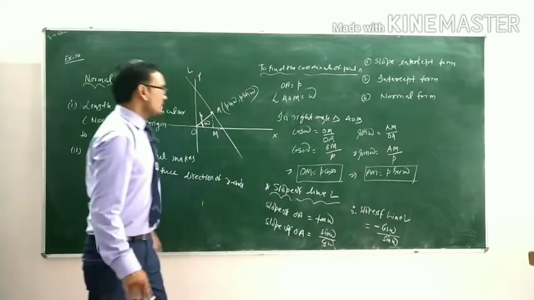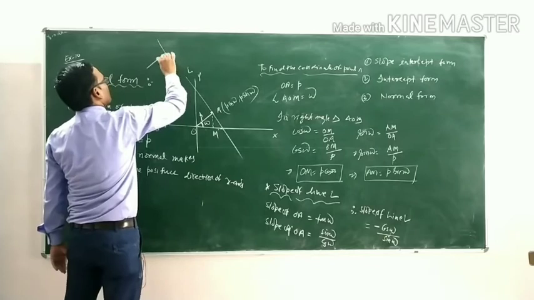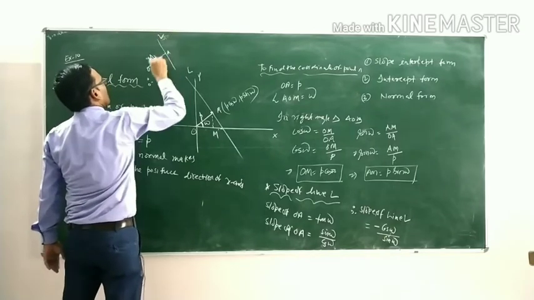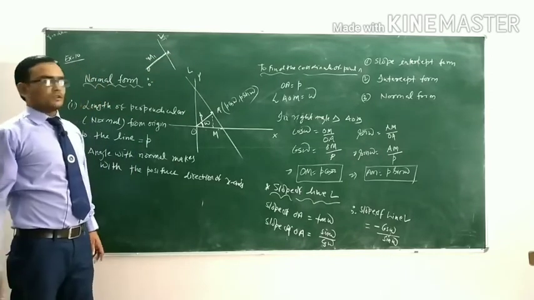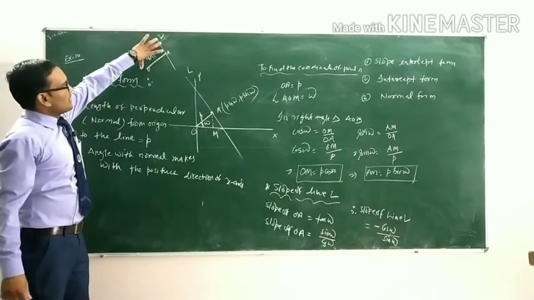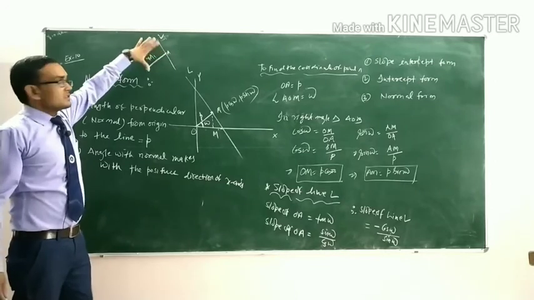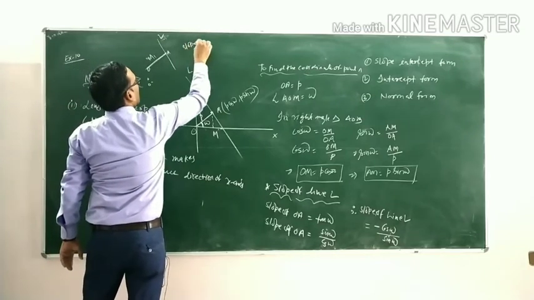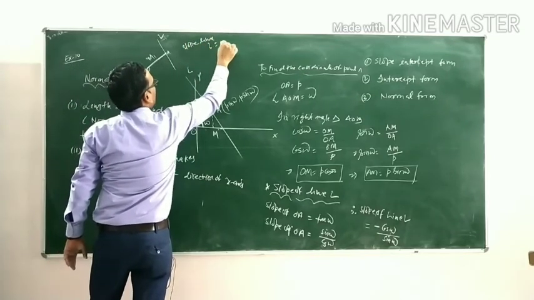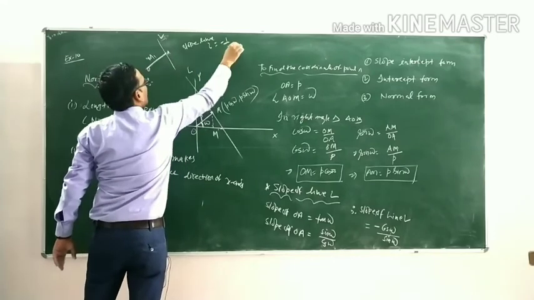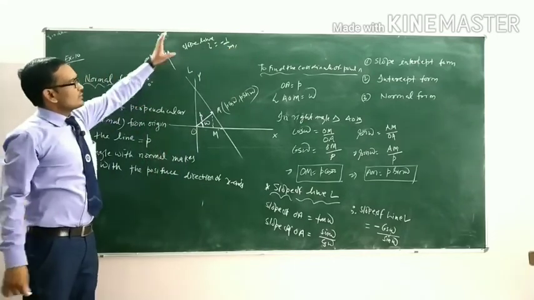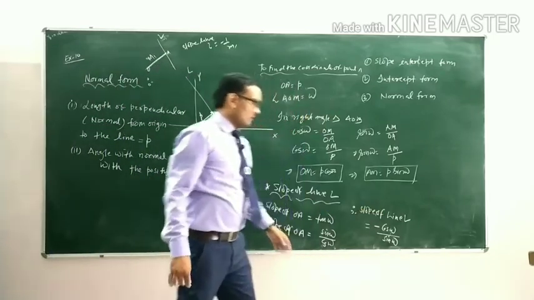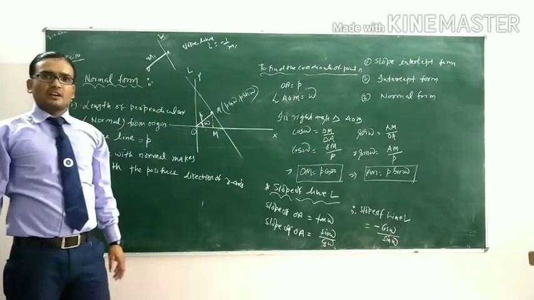Why students? If two lines are perpendicular, if the slope of line OA is m1, then the slope of line L is minus 1 upon m1.